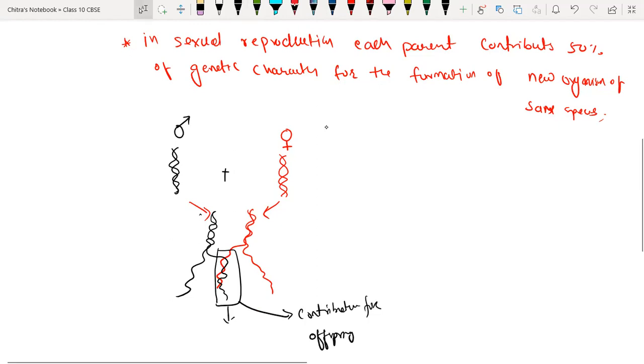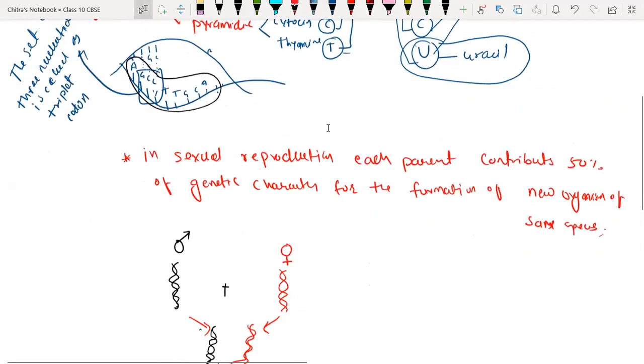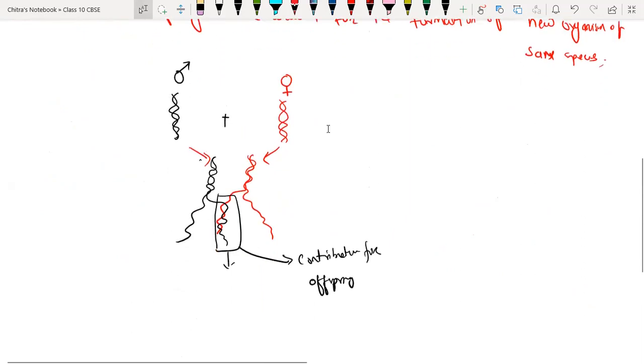That means the triplet codon sequence here is transmitted 50% from the male parent and 50% from the female parent. That's why the same kind of protein is synthesized in the offspring's body also.